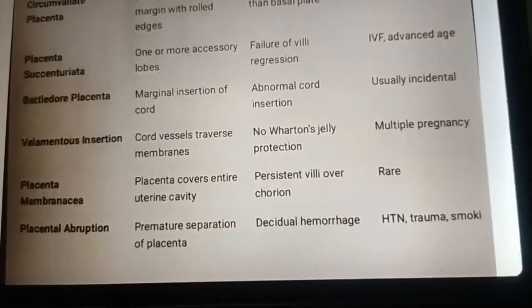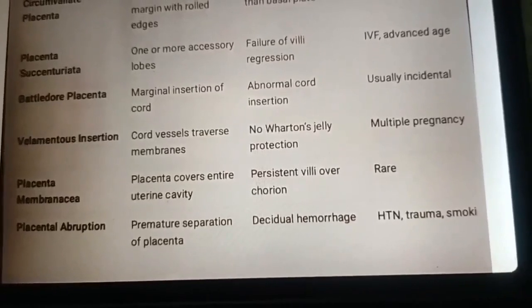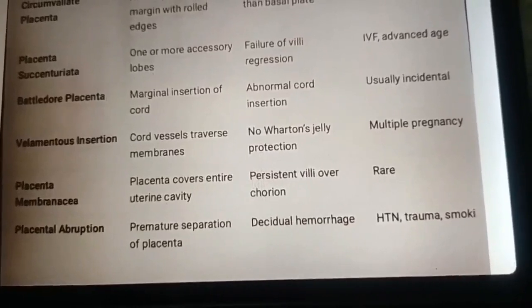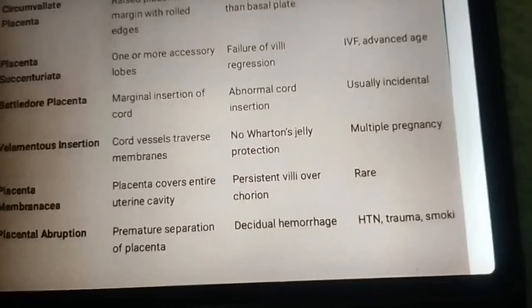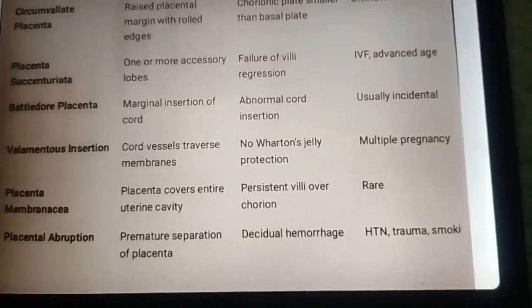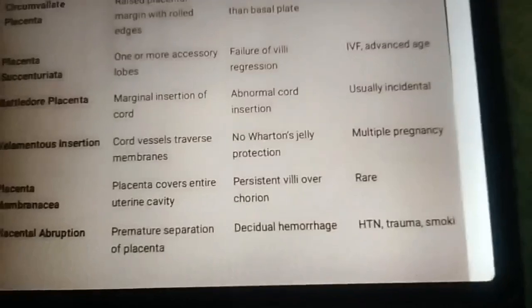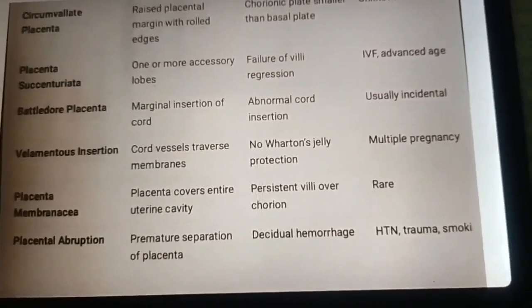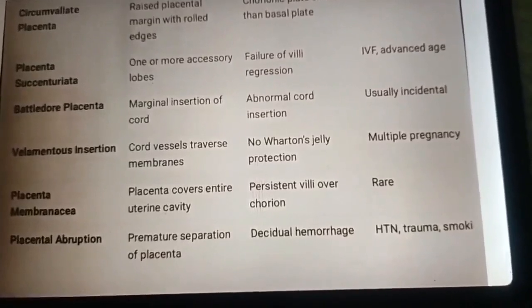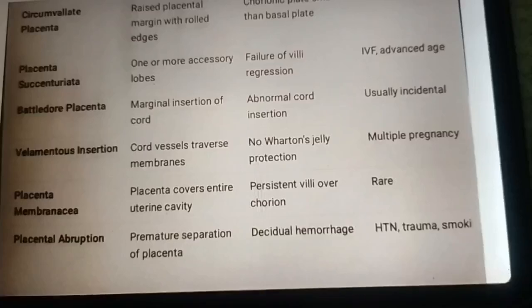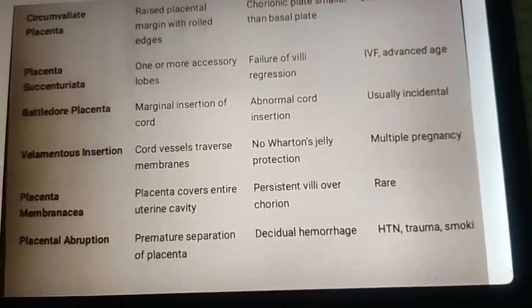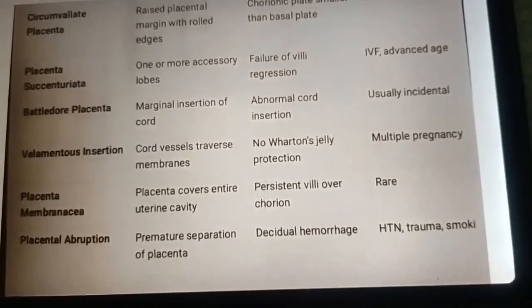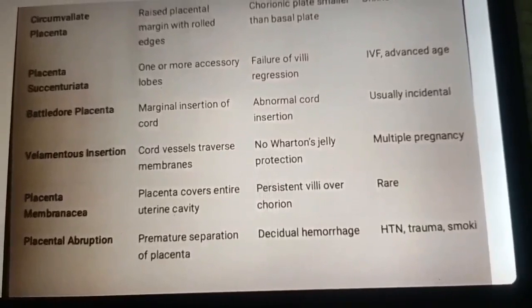Now, velamentous insertion. We discussed here only the pathology, because this topic we will explain in detail in our next video. In this, the cord is first attached to the membrane and then to the placenta.